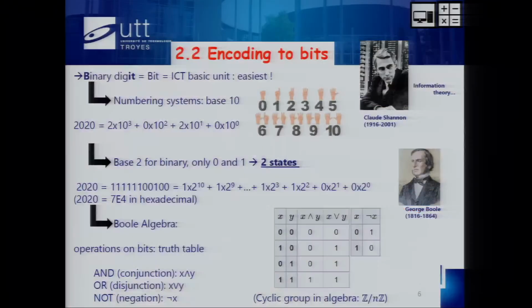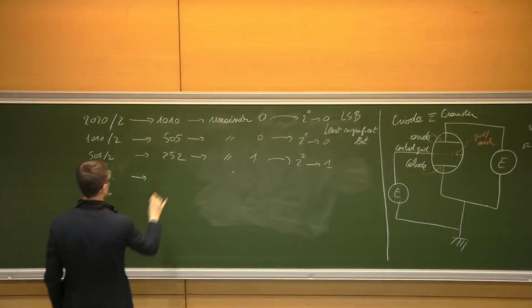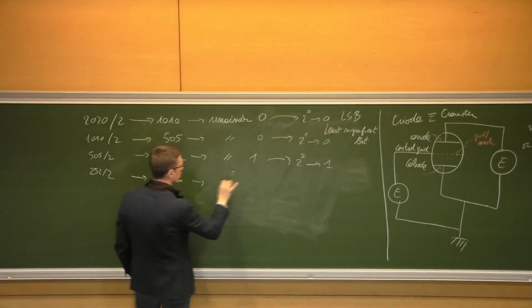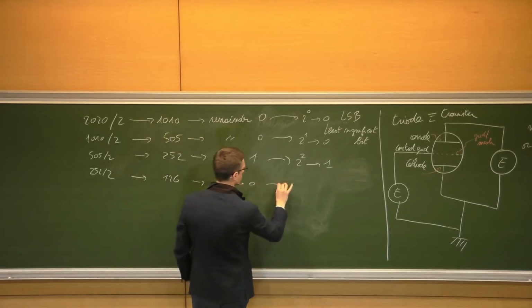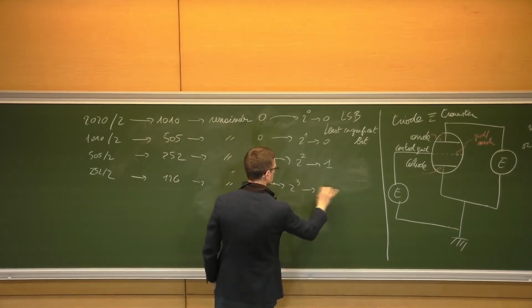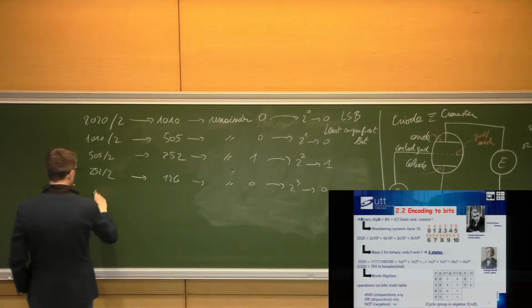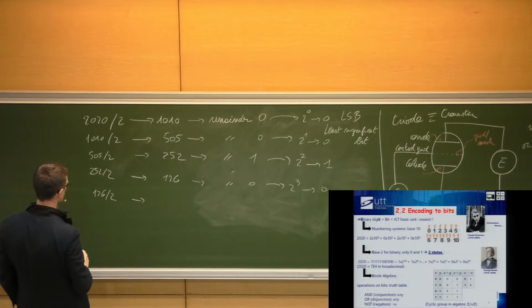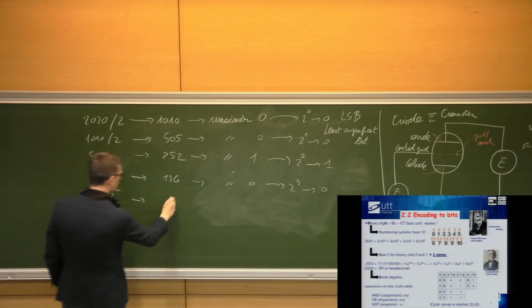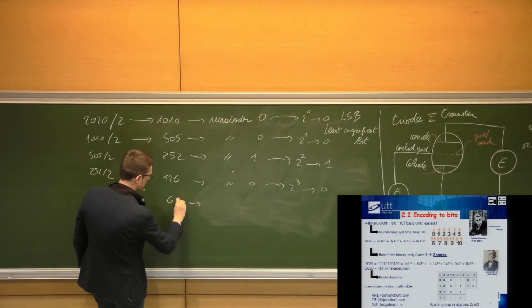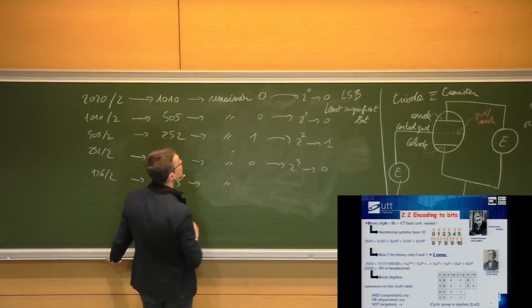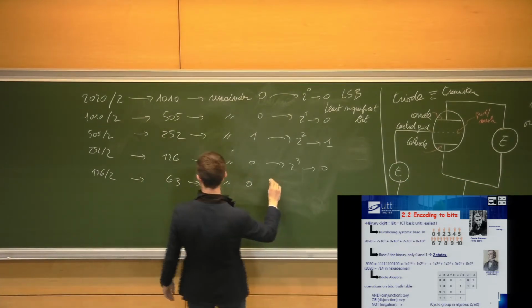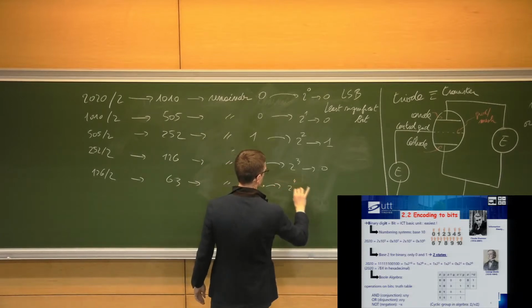And then you carry on, 252 divided by 2. That makes 126. Remainder 0, 2 to the power of 3, 0. Then 126, we carry on. We can also divide it, so that's 63. We have remainder 0 in this case, and 2 to the power of 4, 0.